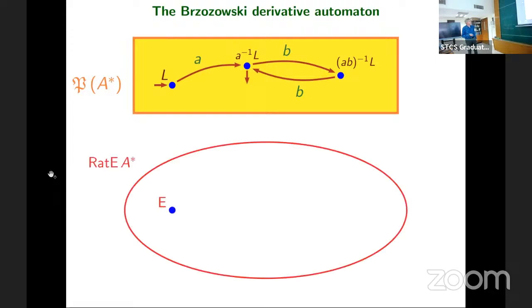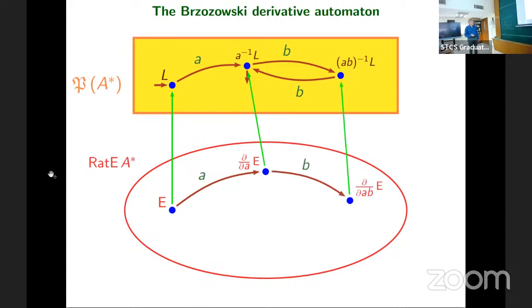To do that, he invented something quite interesting. Given an expression E that denotes L, he had a definition of the derivation of E by A, which has the property that the derivation of E by A denotes the quotient by A of the language.